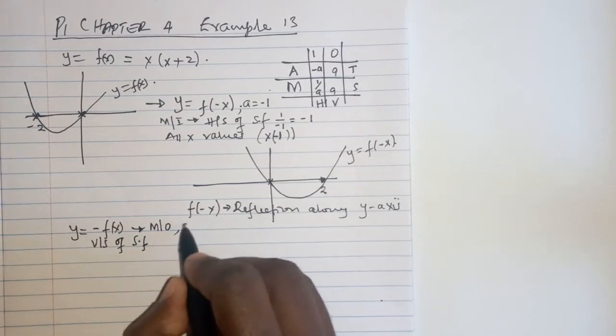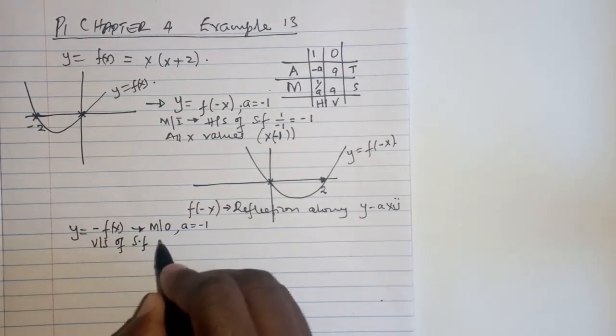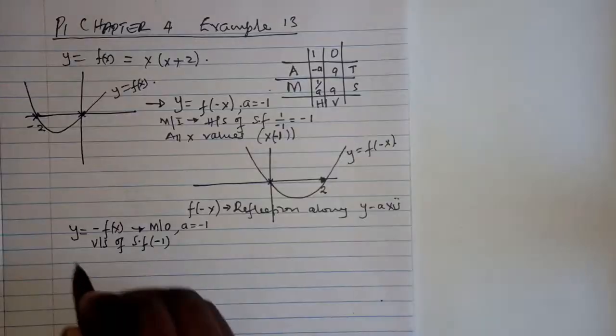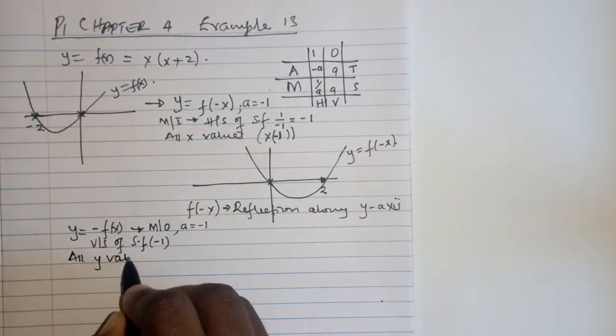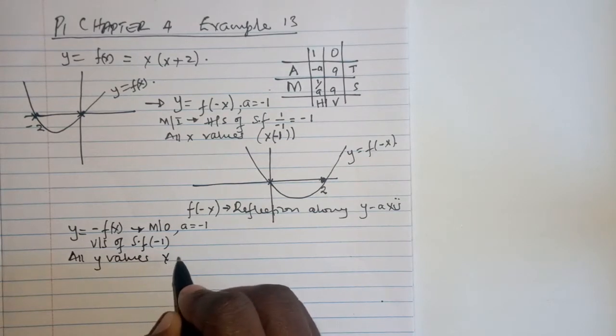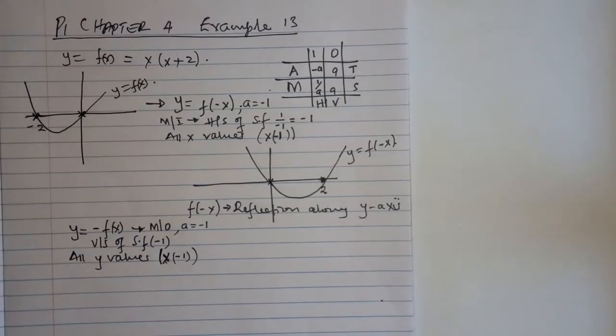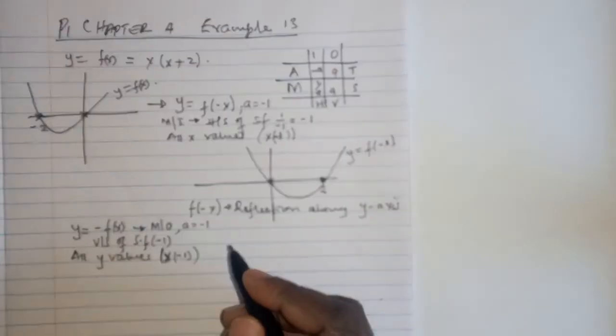Our a here was negative 1, so the scale factor is negative 1. What does this mean? All y values are multiplied by negative 1.